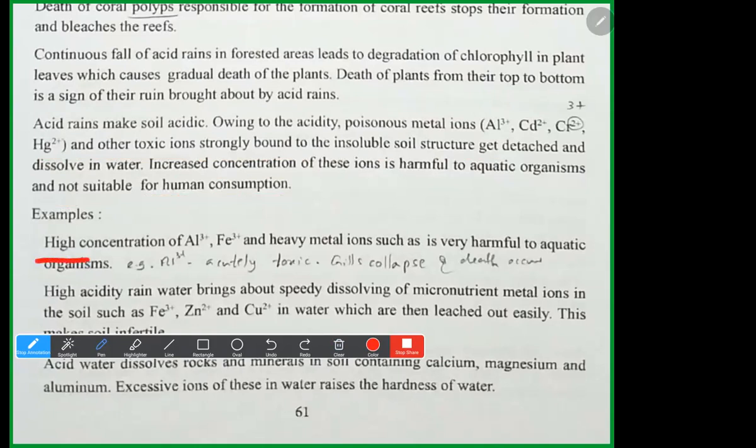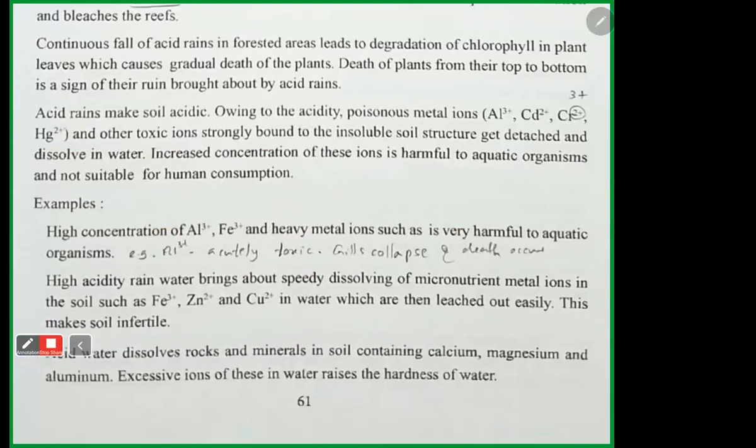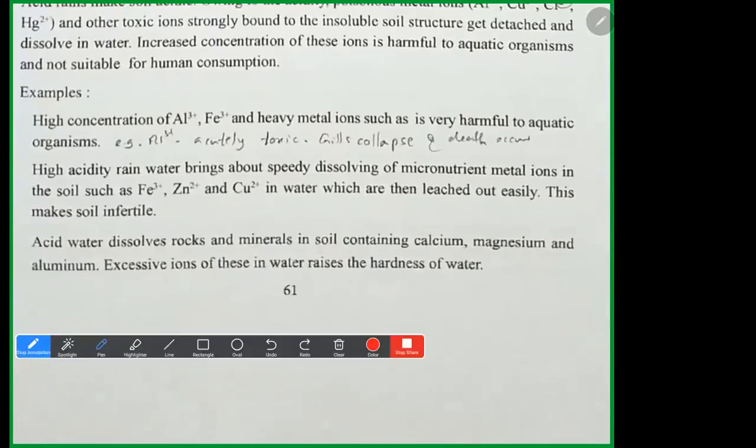For example, a high concentration of aluminium, ferric and heavy metal ions is very harmful to aquatic organisms. If aluminium content is very high, that's acutely toxic. Their gills collapse and fish die.